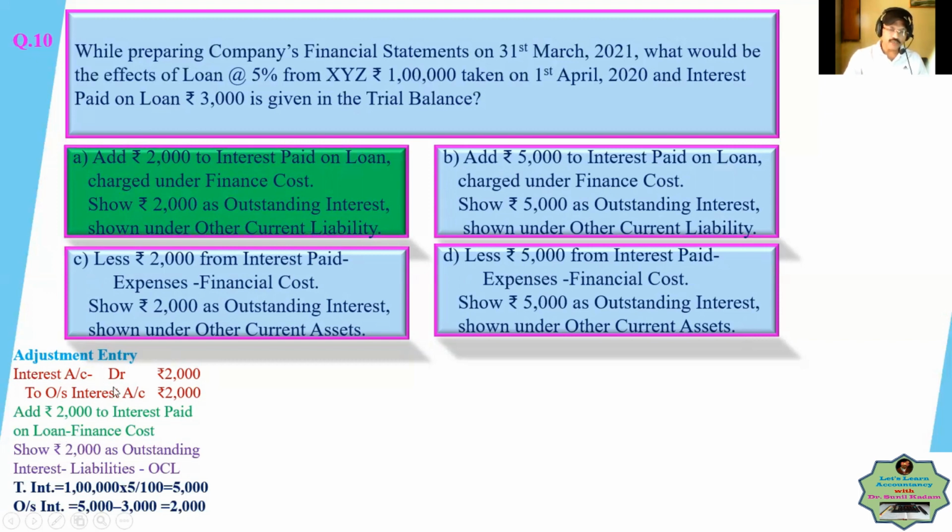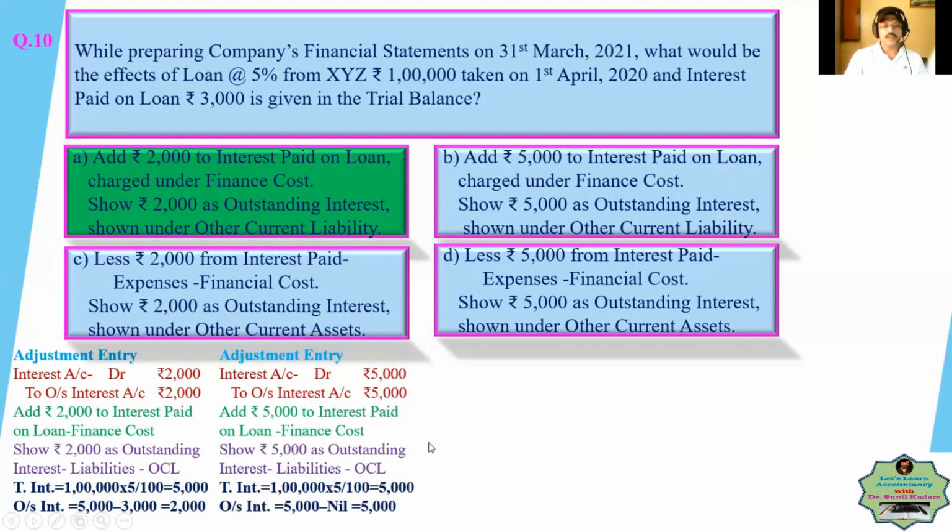So the ultimate effect of this adjustment entry would be to add rupees 2,000 to interest paid on the loan under finance cost. And a second effect, it will be shown as outstanding interest under current liability, which is a liability that will be paid in a subsequent period. Therefore, option A is correct.